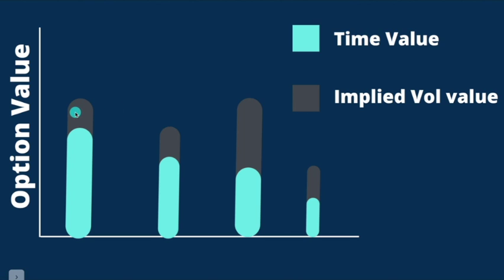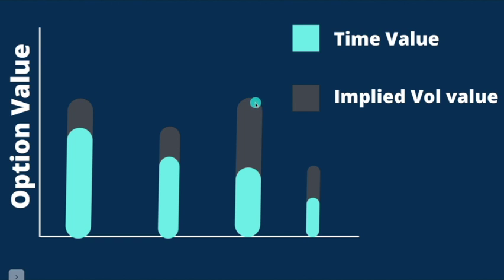So when we first start out, we have an options contract that consists of time value and implied volatility value. Okay, as time passes, you can see the time value is decreasing during each one here. So right here, you can see, however, that the value of the contract actually went back up to where it was currently trading.